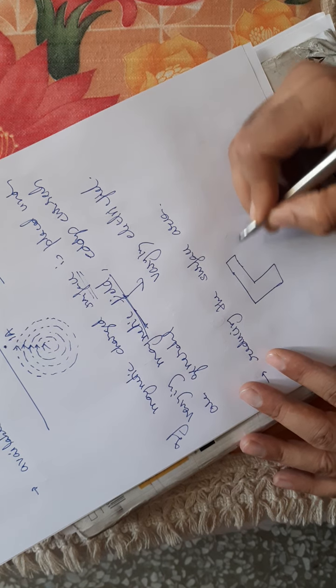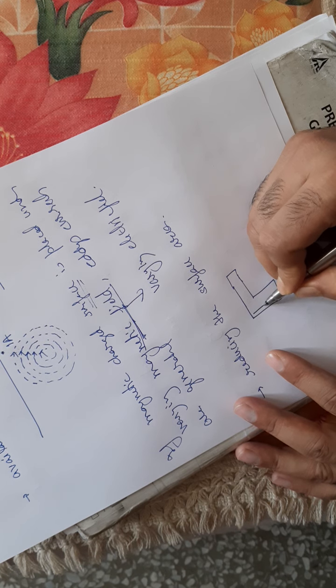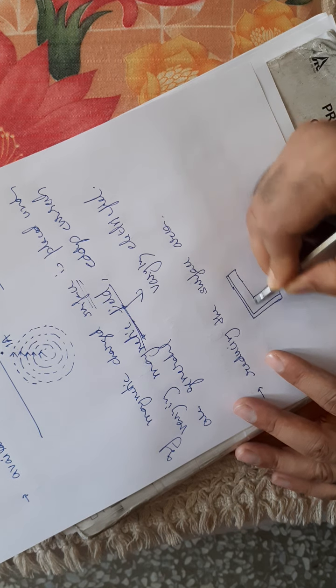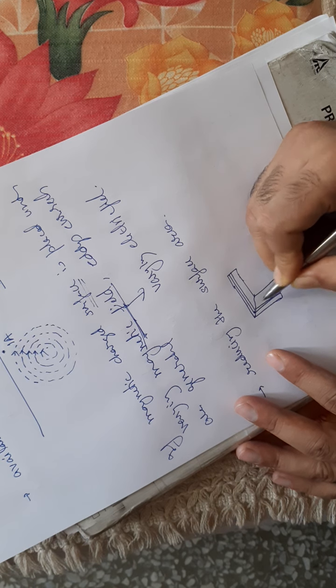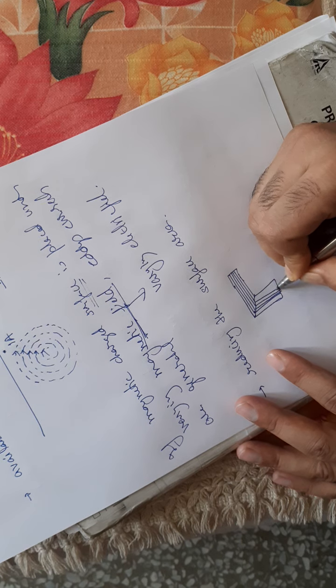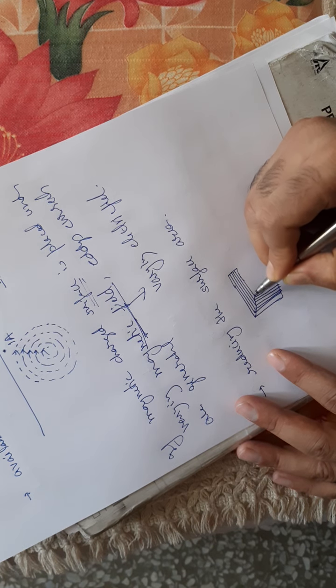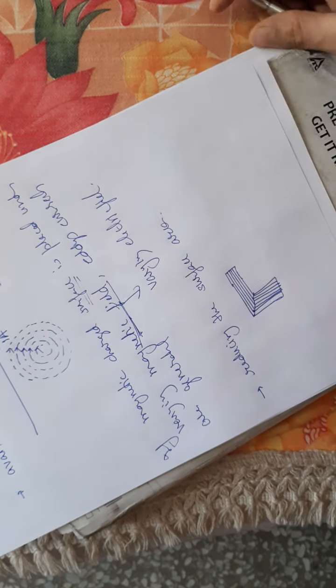Suppose this is a core, an L-type material of a core. Instead of using a single core, we are using a number of laminations, which means very thin strips of this material, iron. They are stacked together, one strip, then another strip, then another.